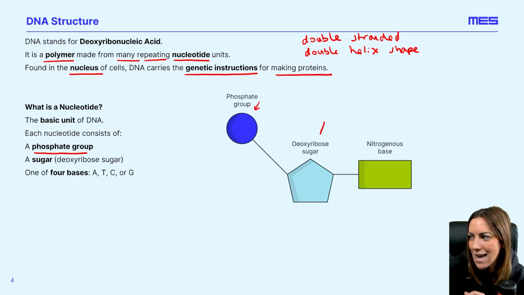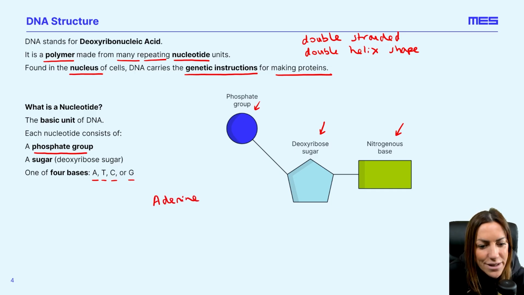It also has a sugar. It's actually called deoxyribose sugar. It has 5 carbons, that's why we represent it with a pentagon shape, and it has a base. Now the bases, we can use the letters to represent the bases. So there are 4 different bases, which gives us 4 types of nucleotides. The 4 bases are A, T, C, and G. I'll just tell you quickly what that stands for, but remember you can just use the letters.